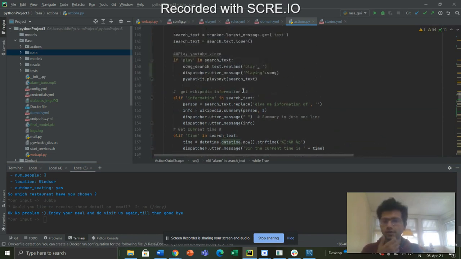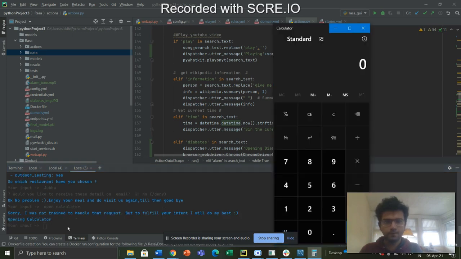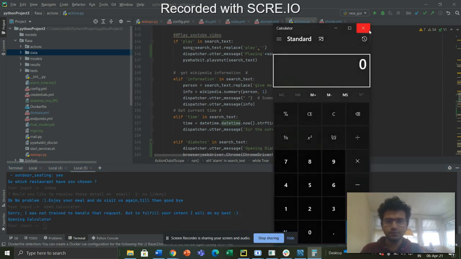But now if the user comes and asks some out of scope question, let's say open calculator, that is also handled by this chatbot. It has opened the calculator for us.